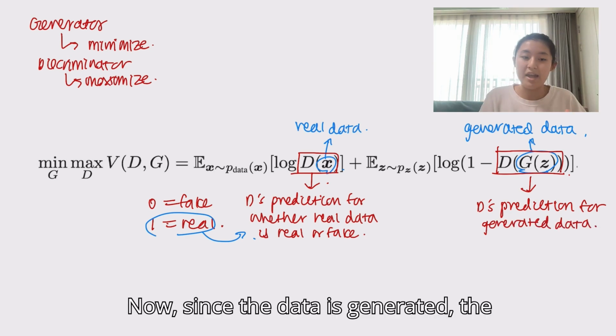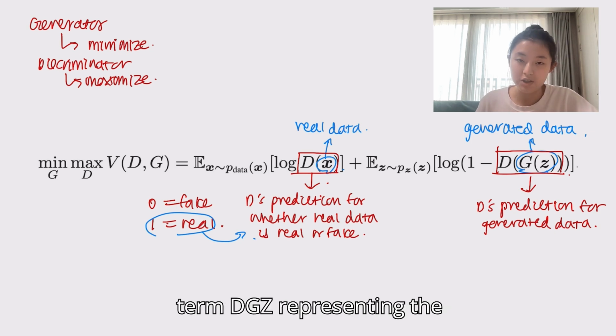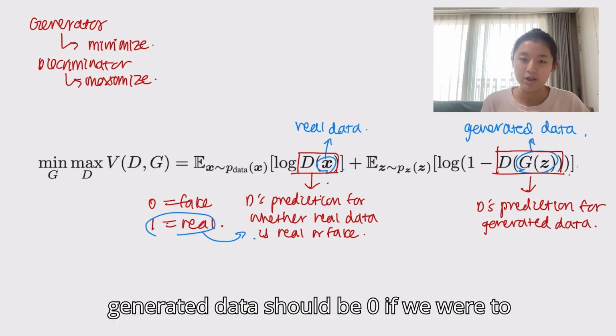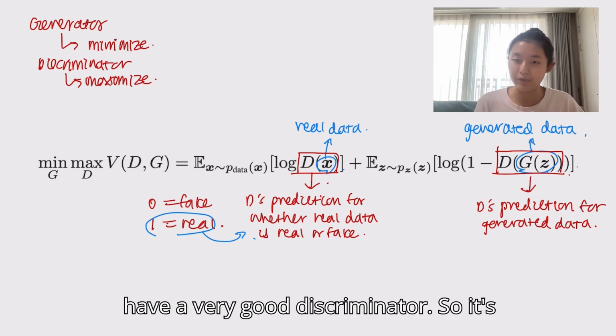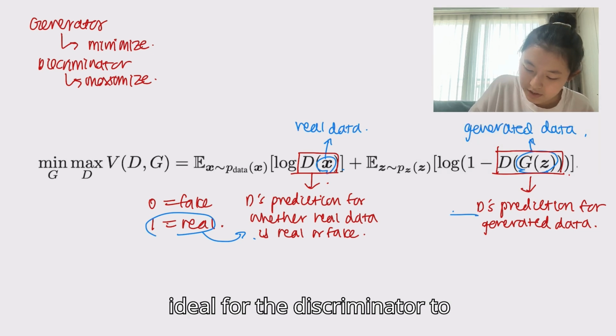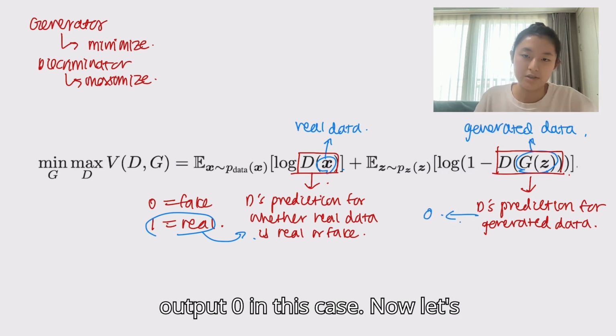Now, since the data is generated, the term D(G(z)), representing the discriminator's prediction for the generated data, should be 0 if we were to have a very good discriminator. So it's ideal for the discriminator to output 0 in this case.